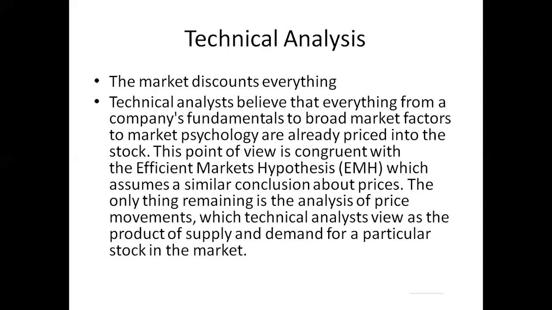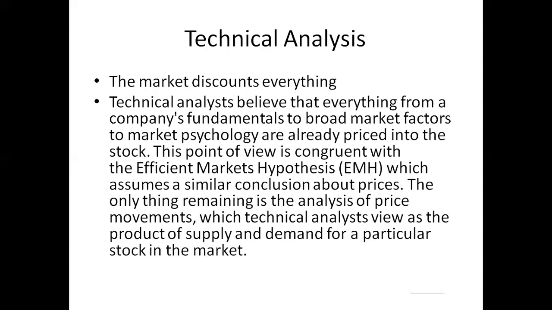Now we have the final, the strong form of the efficient market hypothesis, that says that all available public and private, that is insider, information is available to all. Now this cannot be proved theoretically, because insider information is generally not available to the public.